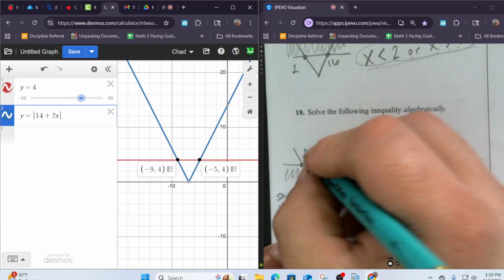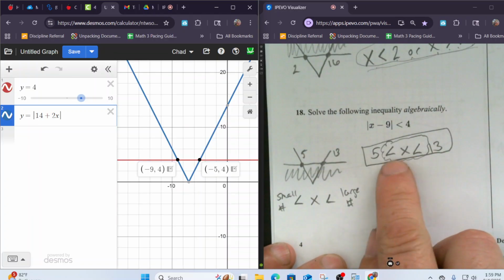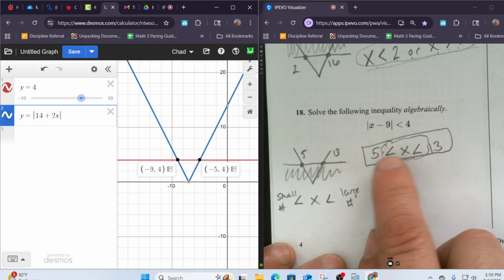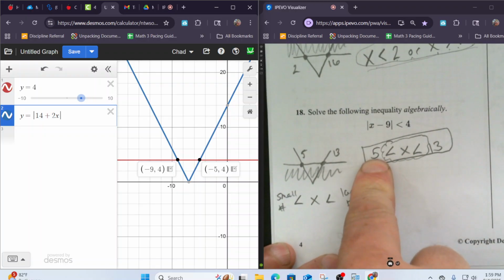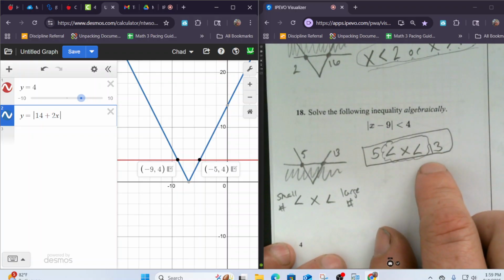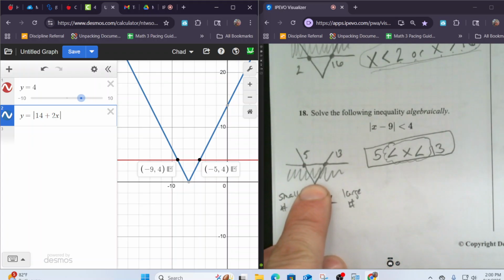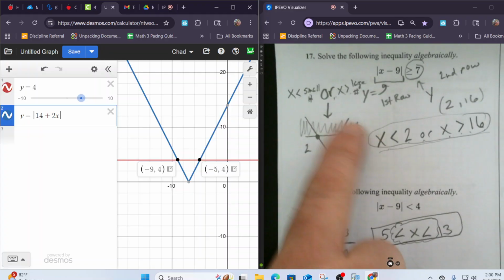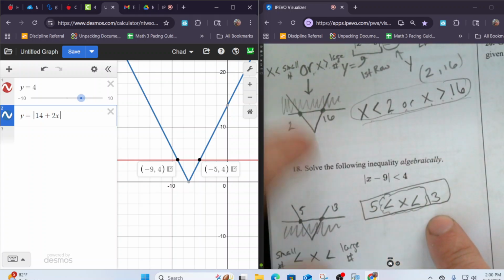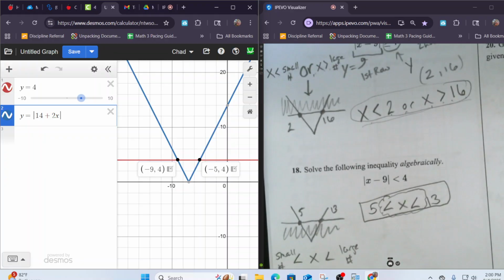It crossed at 5 and 13, so you would have signs always the same direction, the smallest number on the left, largest number on the right. This is your answer here, okay? And I know that based solely on what is shaded in. V shaded is compound, legs shaded is the or. That's also known as an and compound and the or compound. Either way you look at it.